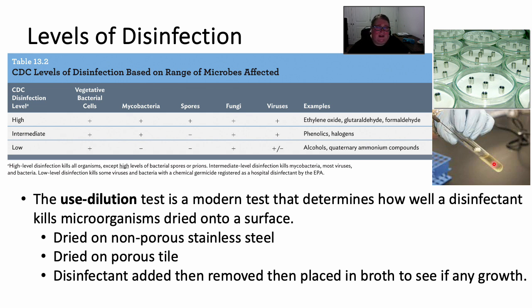Okay, so depending on how much growth you get is going to dictate the level of disinfection you have. Okay, so some of these are not going to have any growth, while some of them might have some growth. So like the intermediate, so the bacteria that causes endospores, we're still going to get growth with that one. Okay, so for low levels of disinfection, we are going to see growth on the mycobacteria and spores samples.